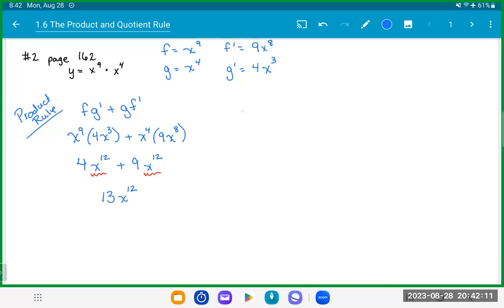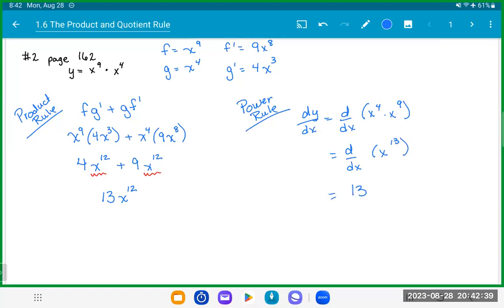So if I had used the power rule, which this one would have been fine to use the power rule on, that's going to give me dy dx is really the derivative of x to the 4 times x to the 9. That is the derivative of x to the 13. So that would give me 13x to the 12.